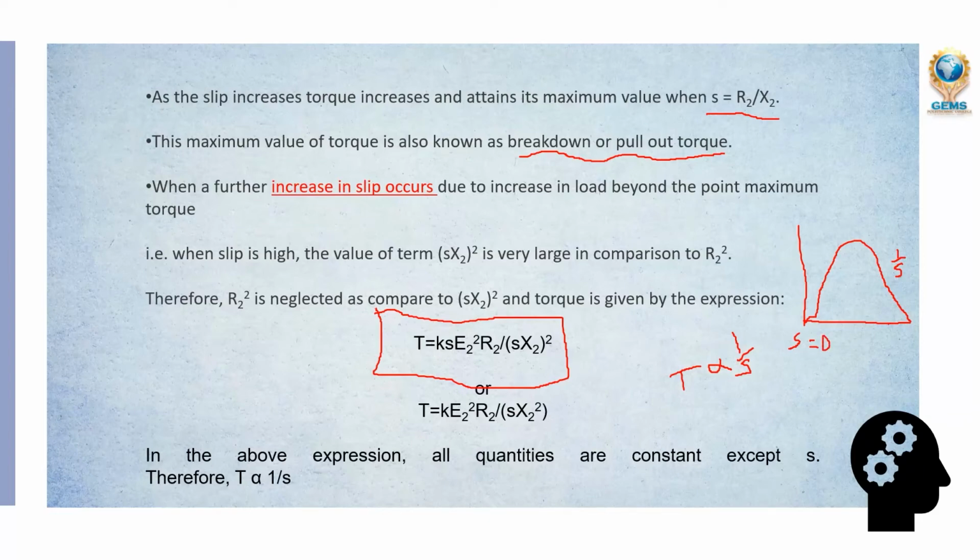So this is the low slip region, and then here S equal to Sm, and finally S equal to 1. This is the unstable region.